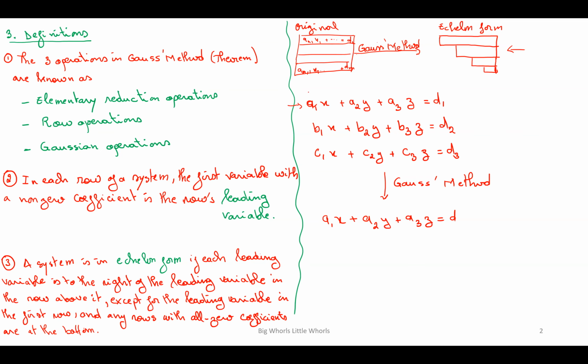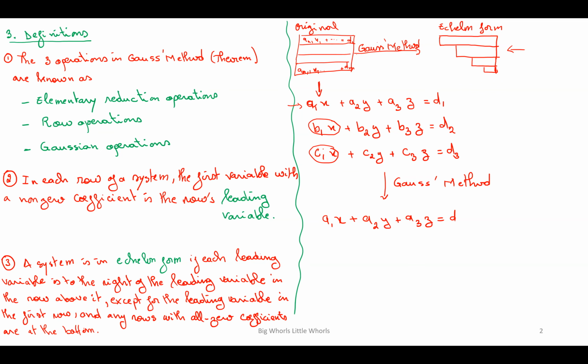Now we will use the term of the leading variable, the a1 x, to eliminate these two. So we have this first column, and we are going to use the leading variable of row 1 to eliminate the same variable in that column.